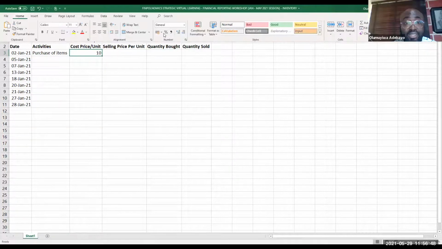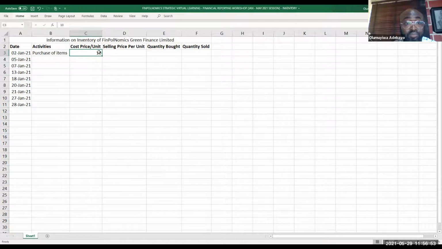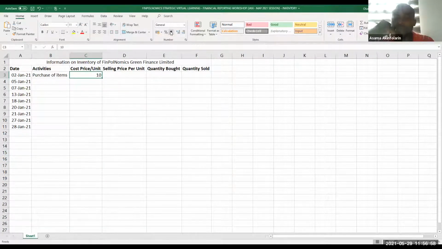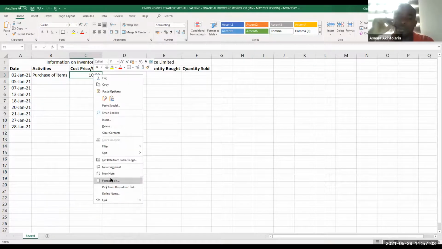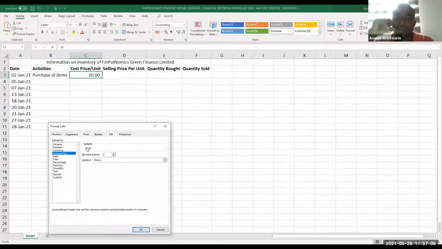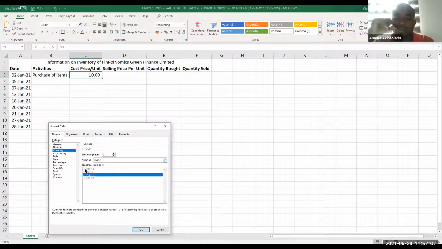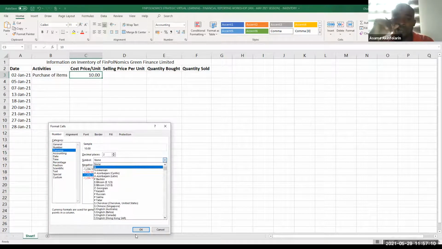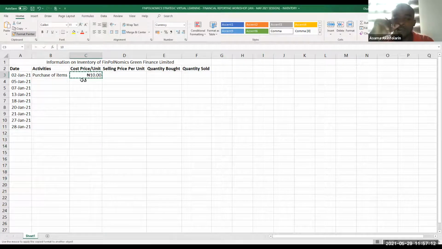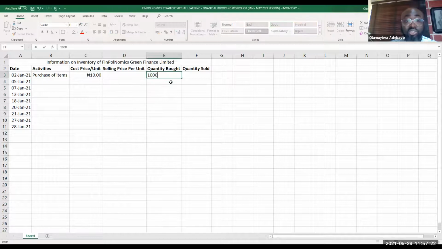We purchased the item at 10 naira, and the item purchased was 1,000 units.